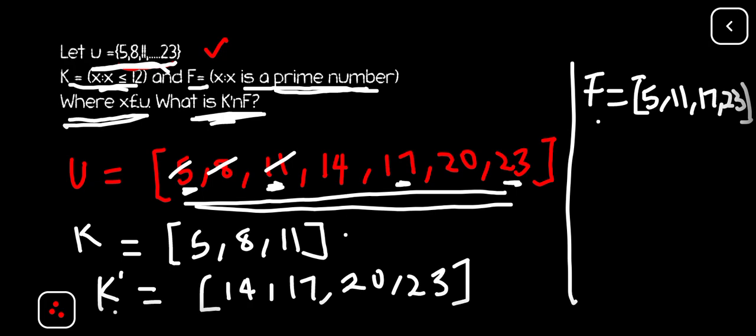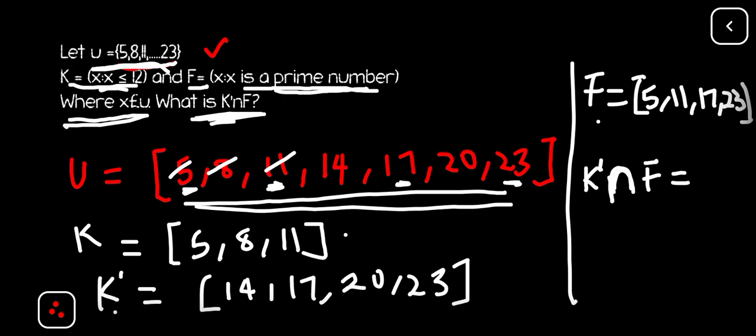But what we need now is K complement intersection F. We do not know this. So what is intersection? Intersection is the common element. What is the common element between K complement and F?